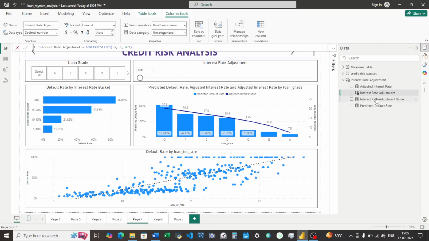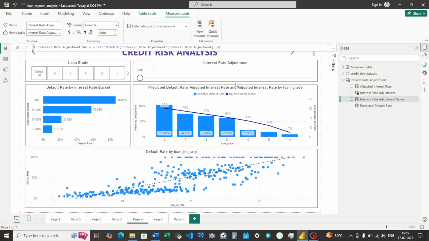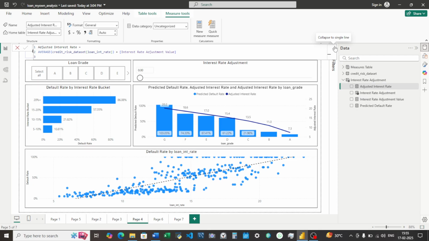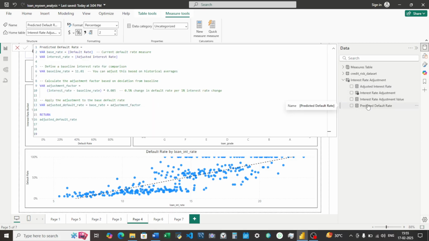And the interest rate adjustment value is based on the selection that I make in this slicer. Then the adjusted interest rate is a measure, found using the average interest rate plus the interest rate adjustment value, and then I predicted the default rate. The adjustment factor that I have used is that for every 1% interest rate change, there's a 5% change in the default rate.